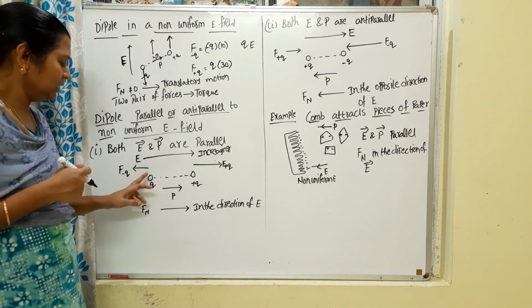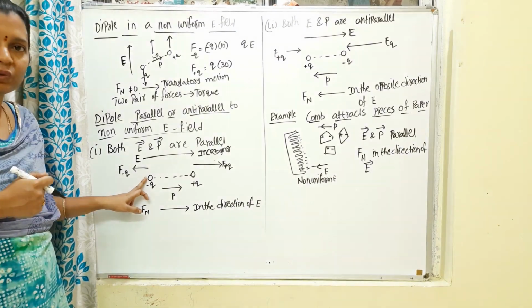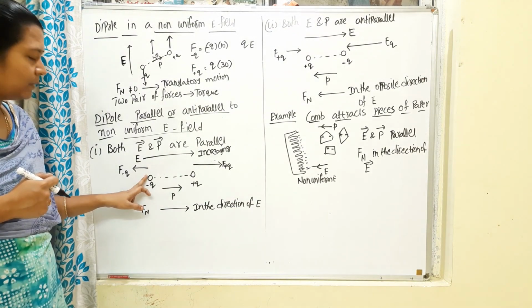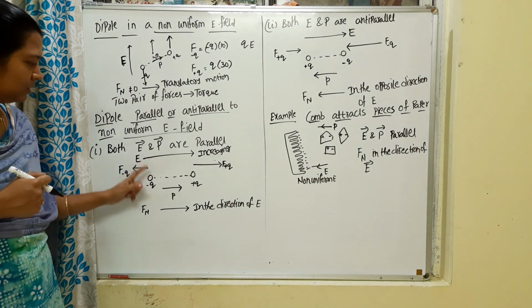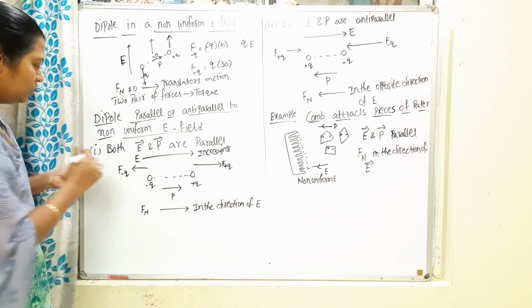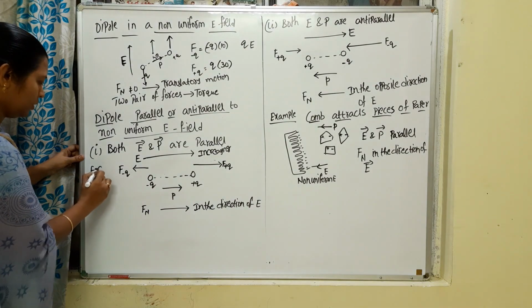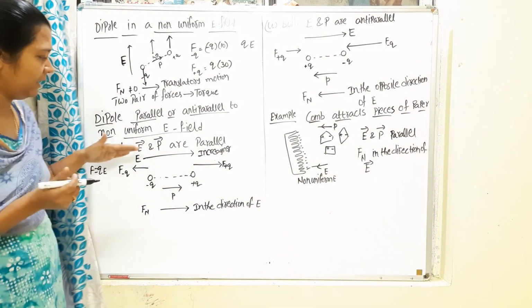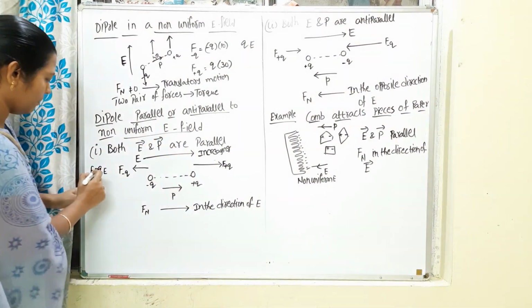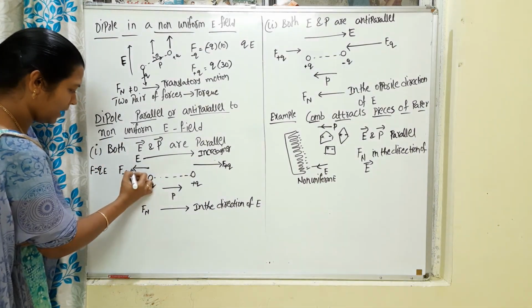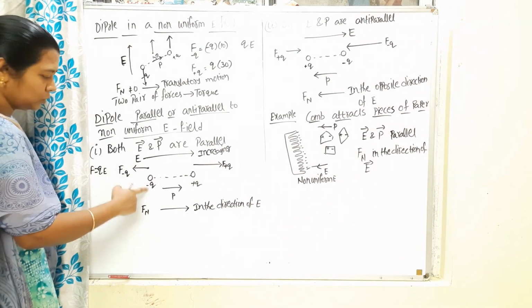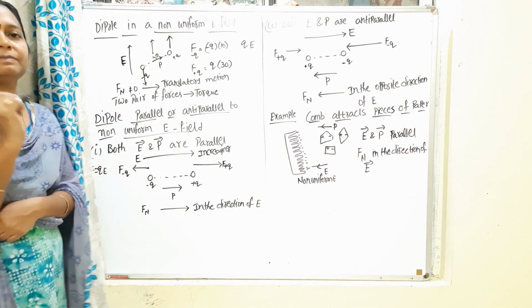Right. So what is the force experienced by the minus q charge? The force experienced by the minus q charge is due to the electric field. Force is nothing but q times E. So if the electric field is in this direction, the force is minus QE. This is the force experienced by the minus q charge due to this electric field.